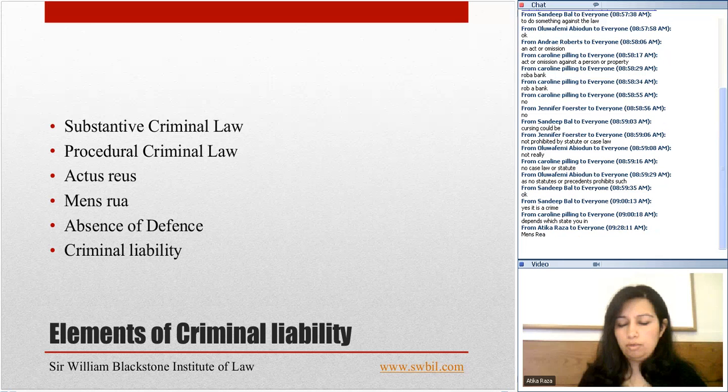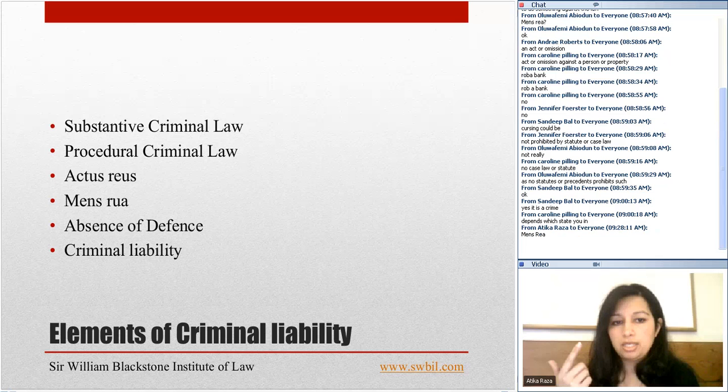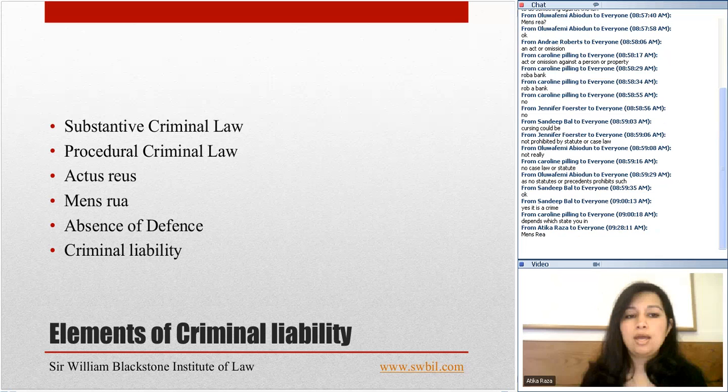Sorry about the typo, I'll fix it. Mens rea means the mental element, the state, the intention. Whether the person was intending to kill this person, or if the person wasn't intending to kill, whether he had a good enough reason to know that if he stabs this person, it's going to cause grievous harm or he may die. The mental state is your mens rea.